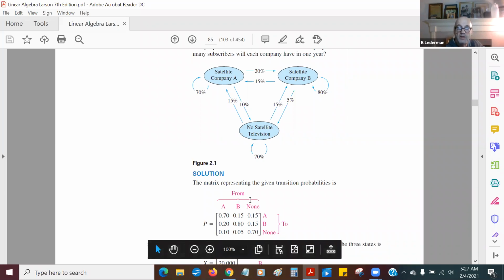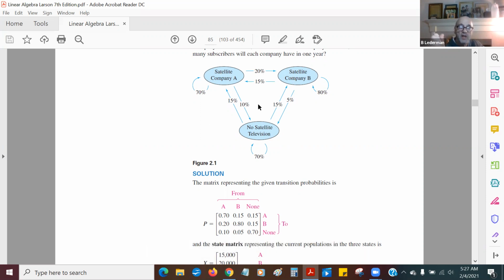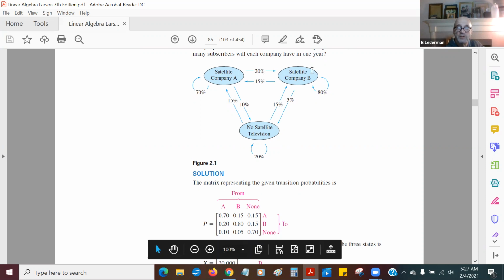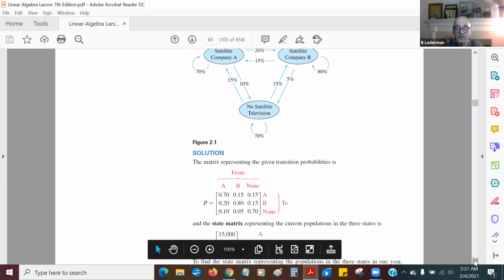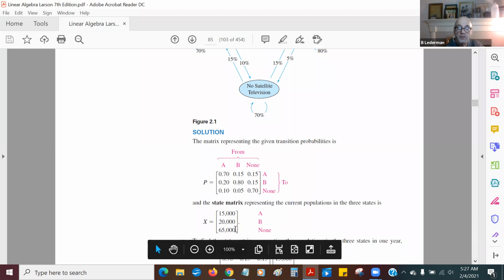And these numbers in these columns basically are the numbers that we saw up here, the percentages just turned into decimals. Notice that all the columns, just like all these percentages, add up to 1. And now we have another matrix called the state matrix: 15, 20, 65.